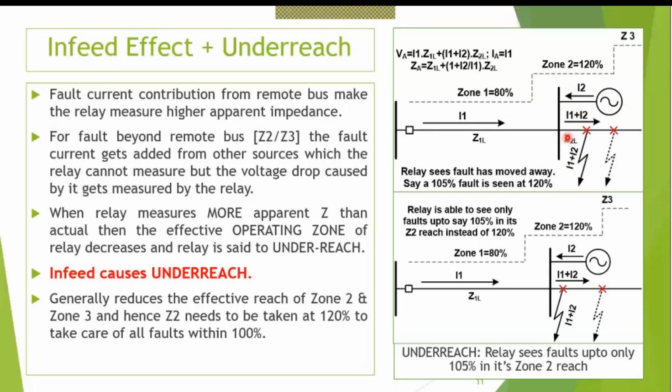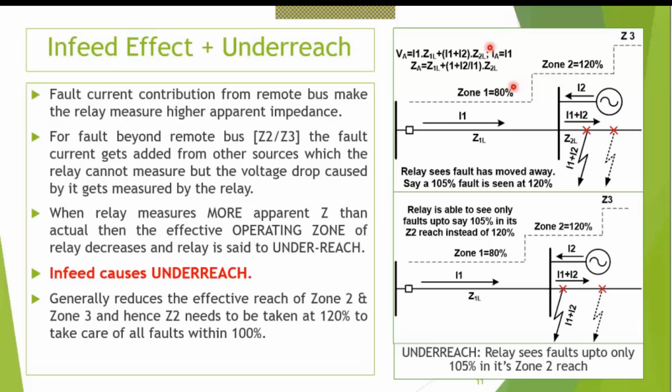So this impedance, as well as the fault part of the impedance, will be multiplied by this current to give an additional voltage rise, which will be measured by this relay. Voltage rise means this is 0 voltage, and the voltage at the relaying point is VA.